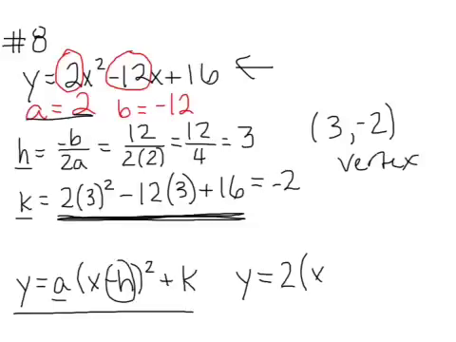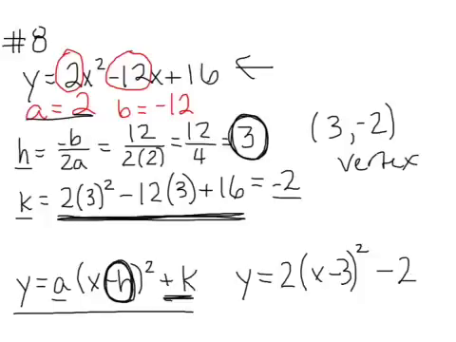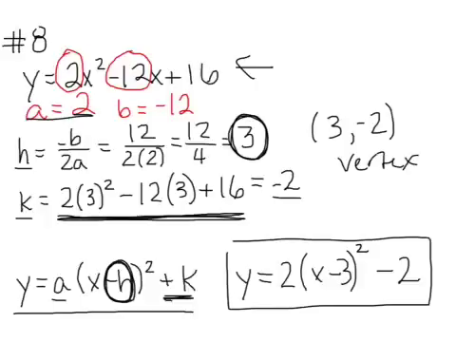What this negative h in this formula means is that we have to take whatever we get for h and put it in as the opposite sign. So in this case, we have 3. We're going to put in minus 3. Close parentheses. We've got to make sure we have our little squared. Okay, and then we've got to add in k. Well, k is negative 2, so we're just going to write minus 2. And that's our final answer for number 8.